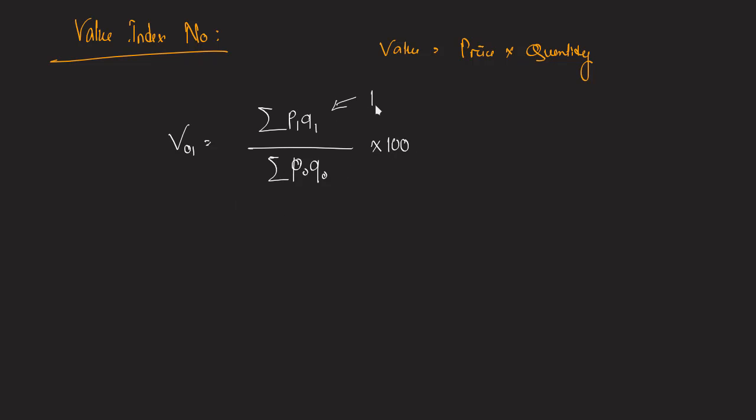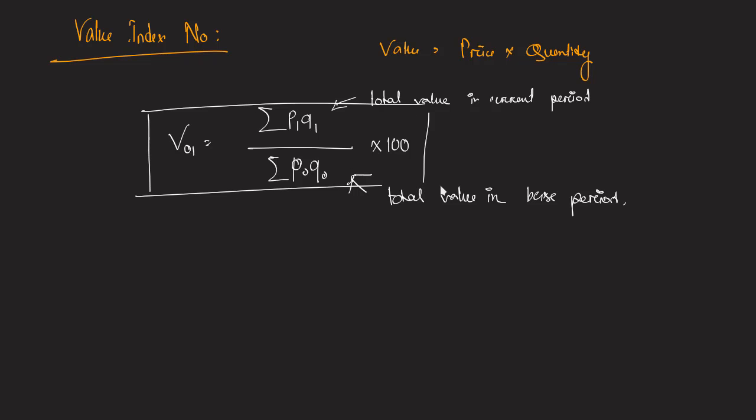This is the total value in the current period, and this is the total value in the base period. So the total value in the current period is divided by the total value in the base period, multiplied by 100. So this is the value index formula for the current period compared to the base period, right?